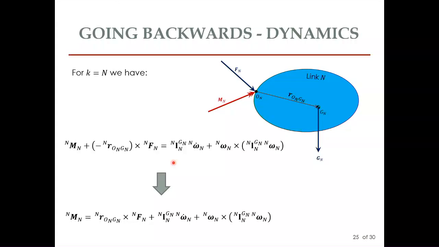So what is H dot? It's the application of the golden formula on H itself. What is H? It's I omega. Now, let me do a side comment. So H about Gn is I omega, about Gn, in frame n, like that, okay?